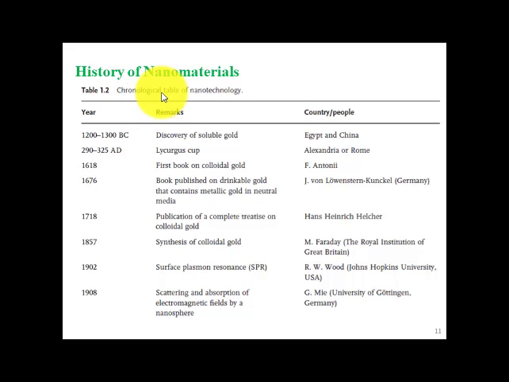In this history, we will also see the different instruments which have been used for the analysis of nanoparticles, for the characterization of nanoparticles. Like in 1908, scattering and absorption of electromagnetic fields by nanospheres happened.